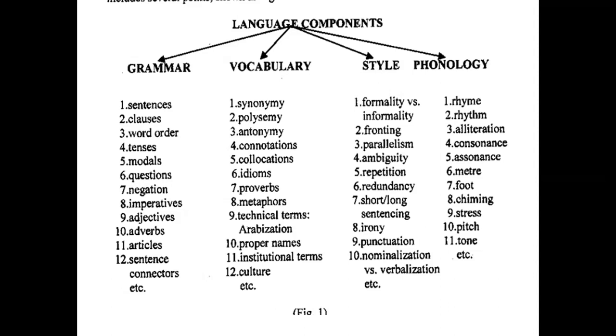If it is prose, we will highlight the content. If it is poetry, we will highlight the prosodic aspects, I mean the phonological aspects. So we should respect the four components of language, but some aspects will be highlighted more than others, according to the purpose of the translation and the text type.